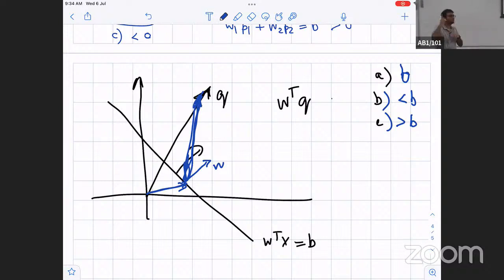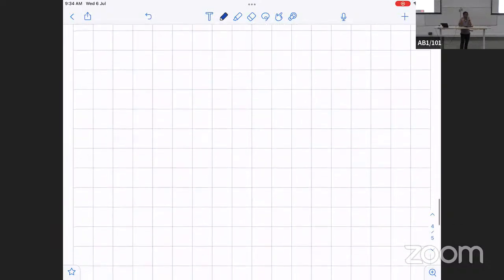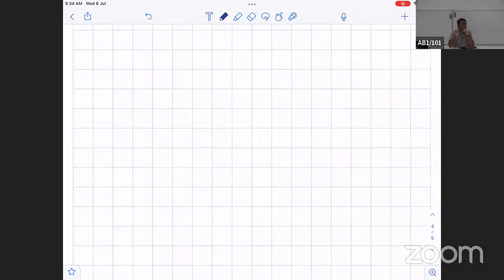So b plus something greater than 0 is greater than b. This is the idea of half spaces: when you have a hyperplane, you have something greater than b on one side and less than b on the other. On the line, you have equal to b. So this is about the geometry of lines. Anybody have any questions?